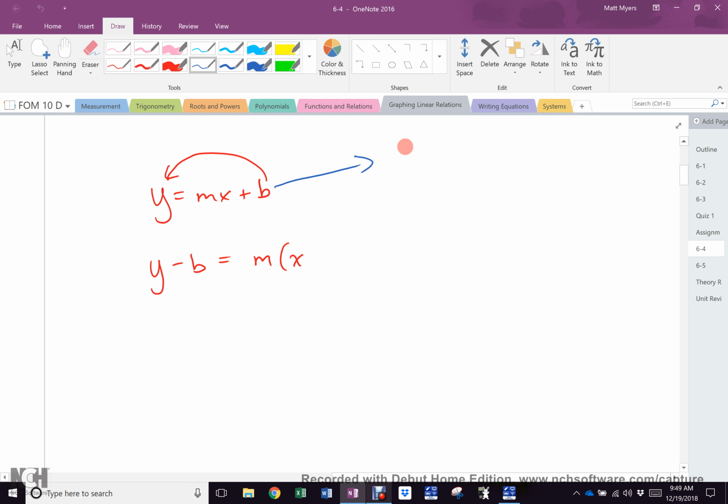What are the coordinates of every y-intercept? 0, y, correct? So when that positive B moves over there, it becomes negative. Y minus the B. Y minus y equals mx. What's the x value? X0. Minus 0.